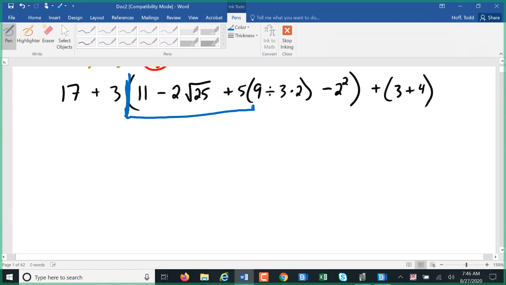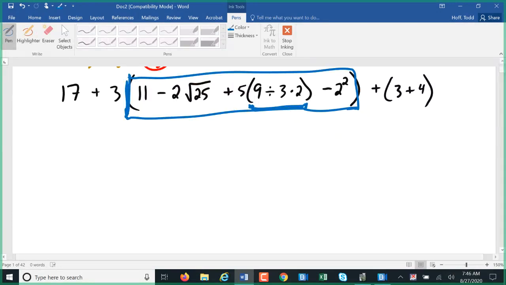Well, this one is facing the wrong way. That can't be the other end. This one here has to go with this one back here, so that can't be it. So the other end of it is actually all the way over here. So our first enclosing symbol going left to right is inside that blue box.